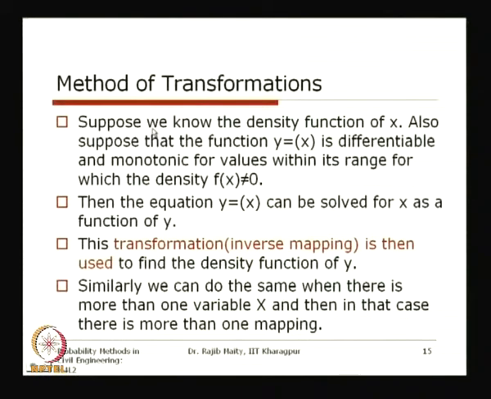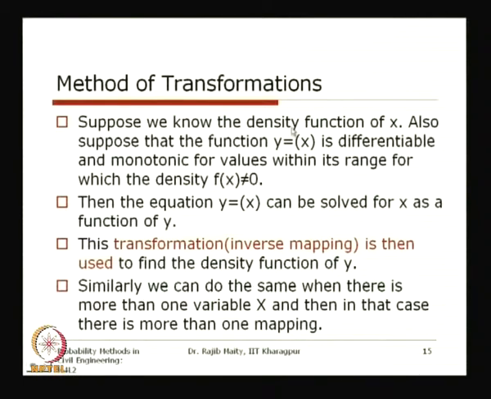So suppose that we know the density function of x. Also suppose that the function y equals g of x, sorry, there will be one g, that is the functional form, y equals g of x, is differentiable and monotonic for the values within its range for which the density f x is not equal to 0.